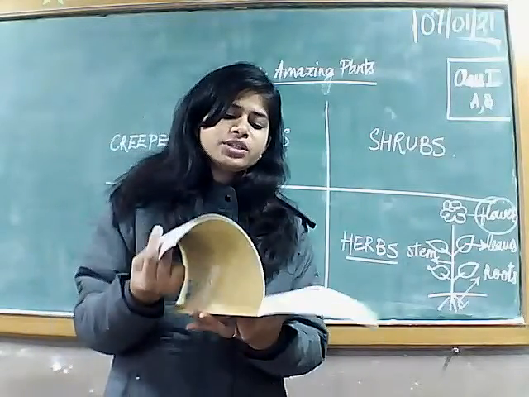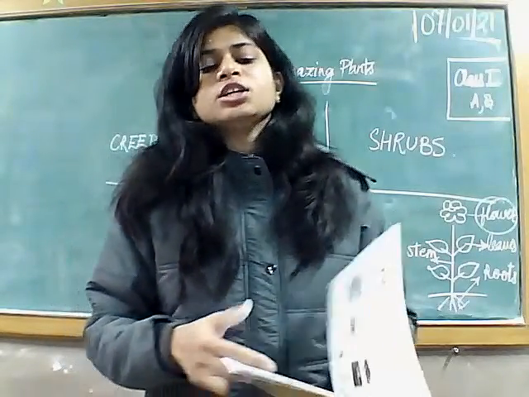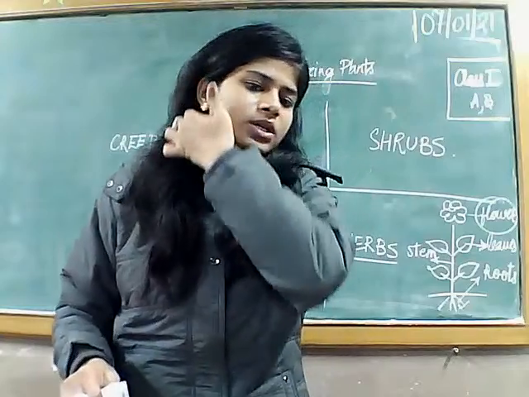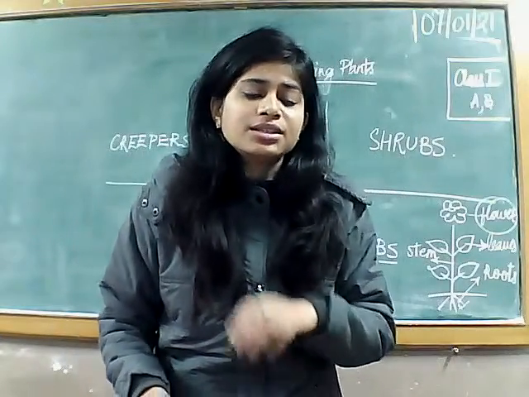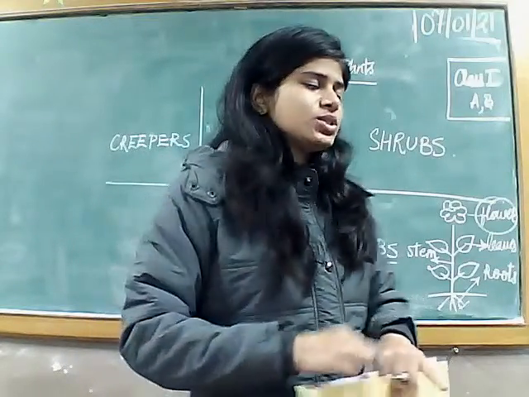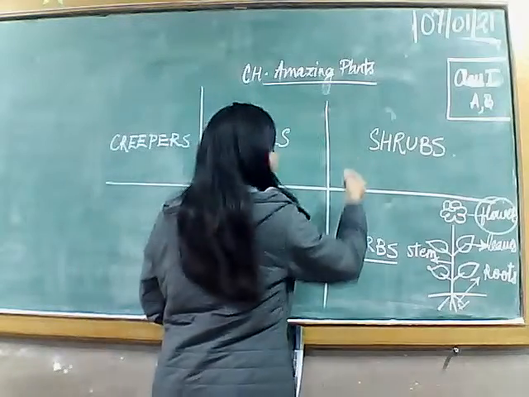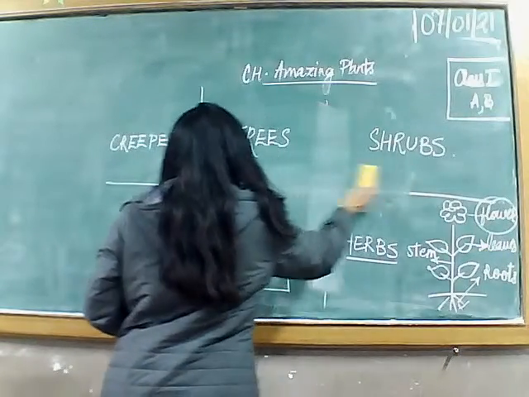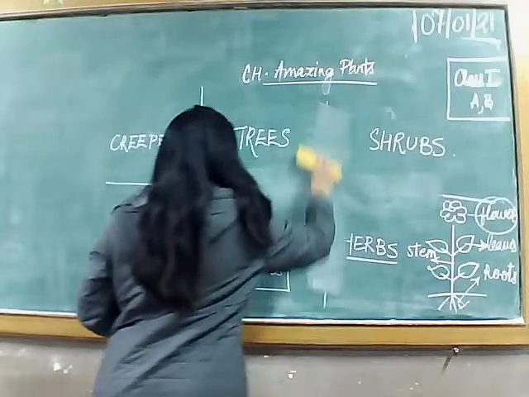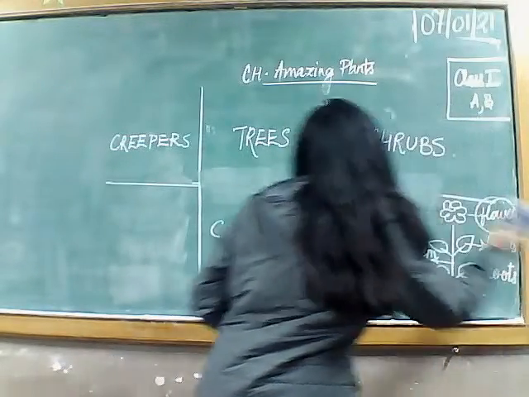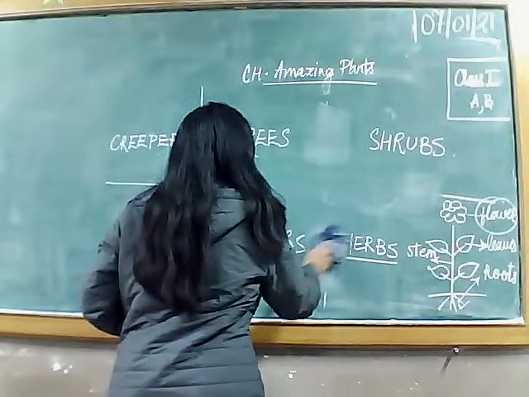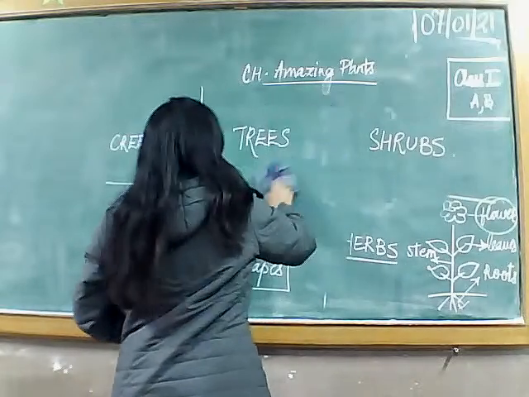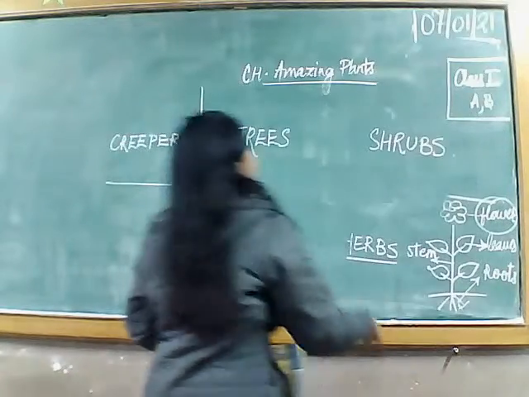Now, children, what I want you to do is go out and collect the different kinds of leaves that you see. I'm giving you this as an activity at home.